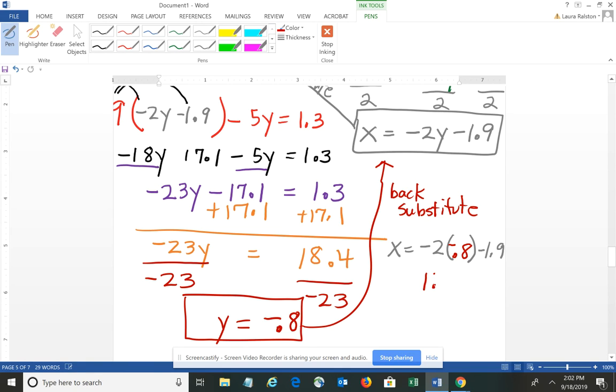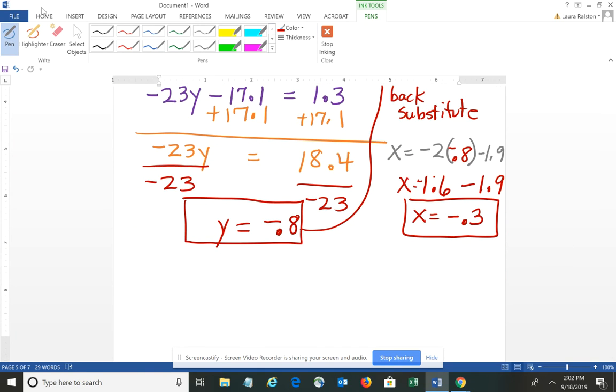So you've got 1.6 minus 1.9. So x is negative 3/10. And again, you could take the time to check that. Written as an ordered pair, your solution would be -3/10, comma, -8/10.